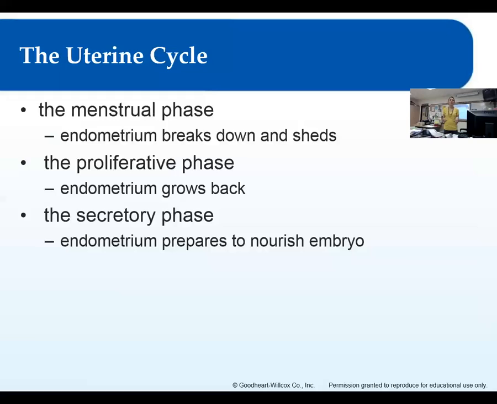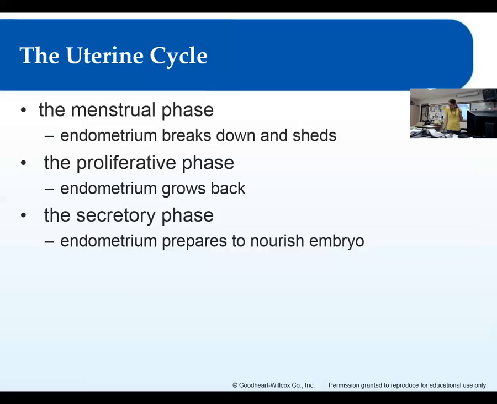At that point, the hormones cause increased blood flow and increased blood vessel development in the endometrium. So instead of growing up tissue-wise, it matures in such a way that it develops a lot of blood vessels.